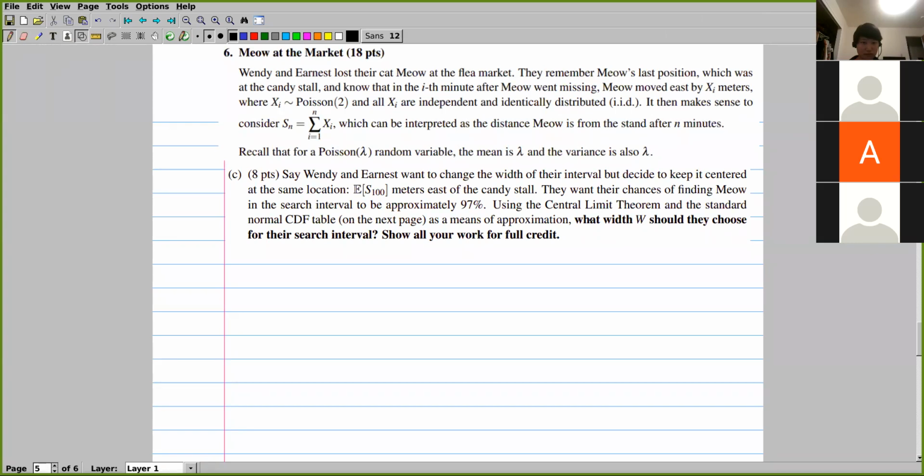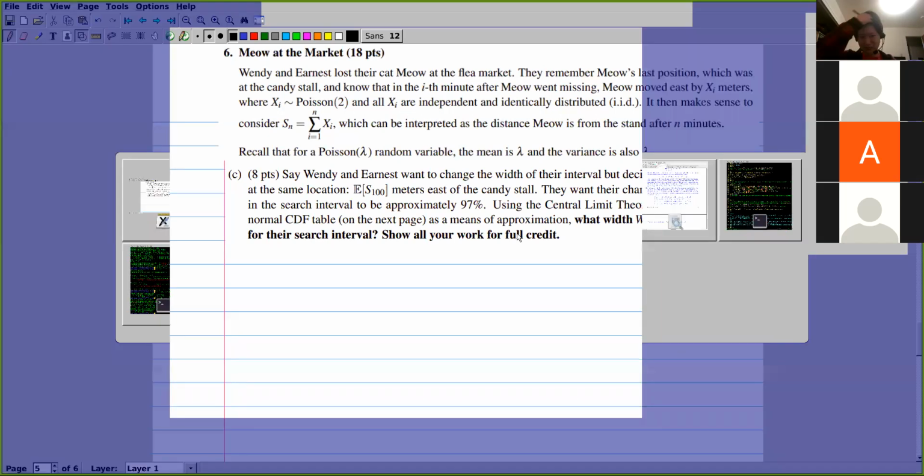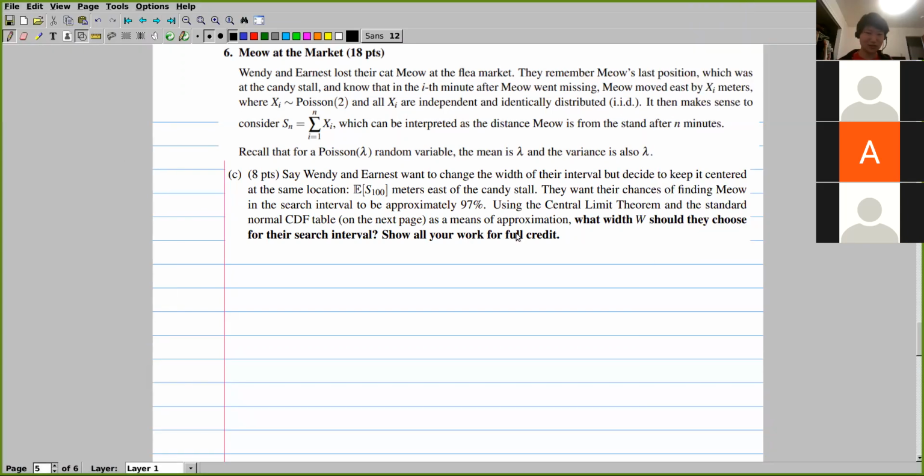If they're asking for the width, would it be less than or equal to w divided by 2? Oh, okay. It should be defined in the question. Let me quickly check which one this falls in. When they say width, they mean the full thing.